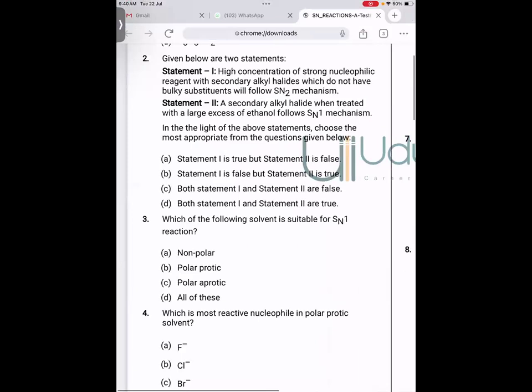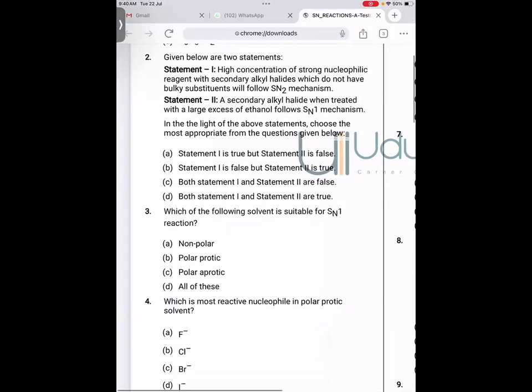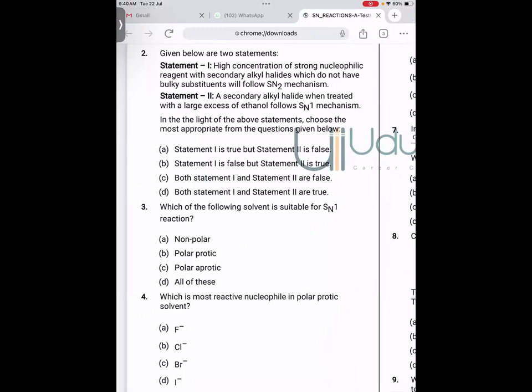Try them quickly and note down, then we'll discuss. Options are given, it is an objective question, so try it and then we will discuss.